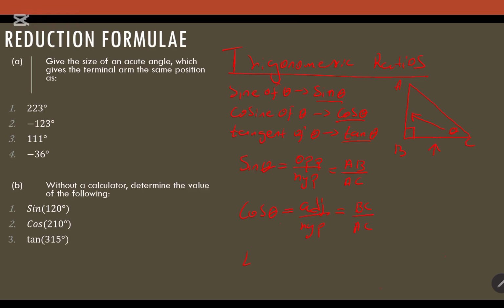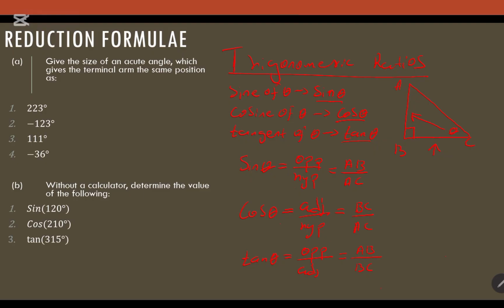And the last one is the tangent of theta. It is given by the side opposite to angle theta over the side that is adjacent to angle theta. So in this case, this will be AB over BC.